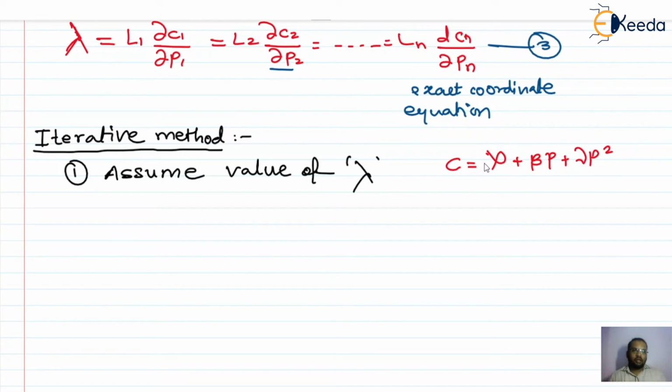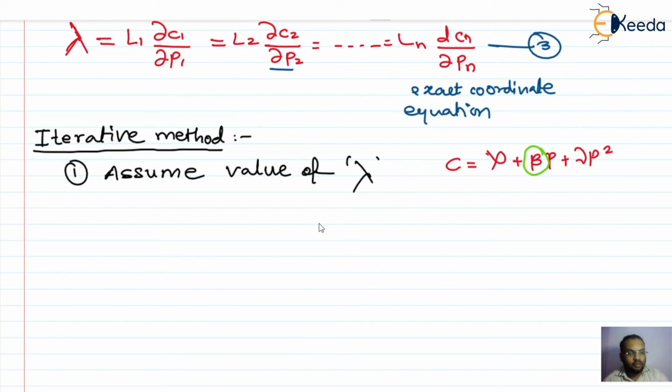Look at how many units are given, and in each unit look at the value of beta. Make sure that lambda is greater than these betas. Take the values of beta from all the generators' equations, see which beta has the highest value, and assume lambda slightly greater than that highest beta. This will help you assume the value of lambda.